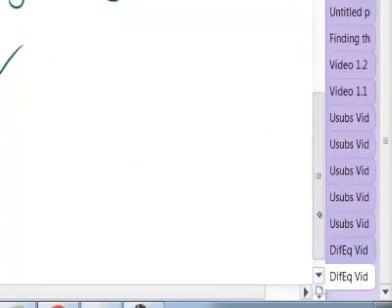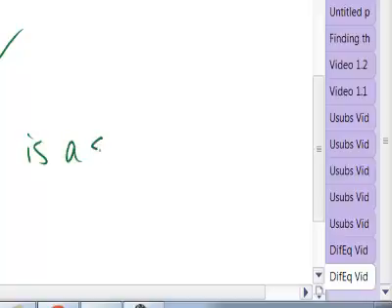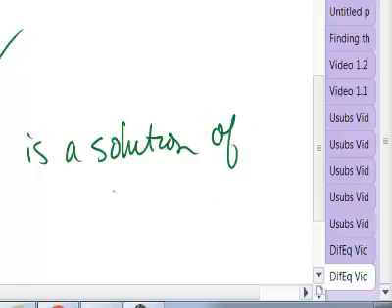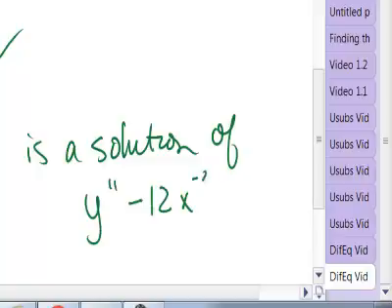Okay, one more example, and we're going to do one with a second derivative in our differential equation. This time we're going to verify that y equals x to the 4th is a solution of the differential equation y double prime minus 12 x to the negative 2 times y is equal to 0.